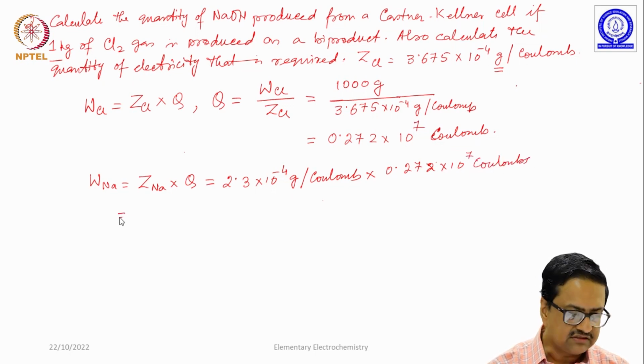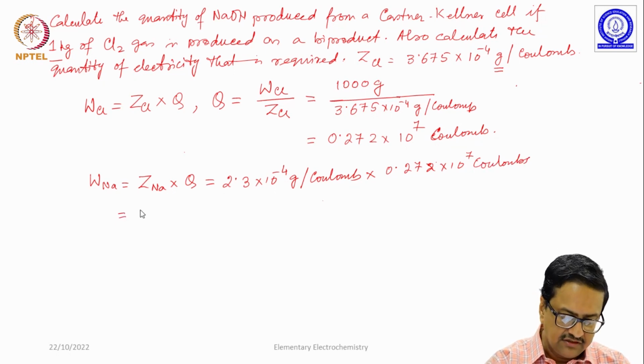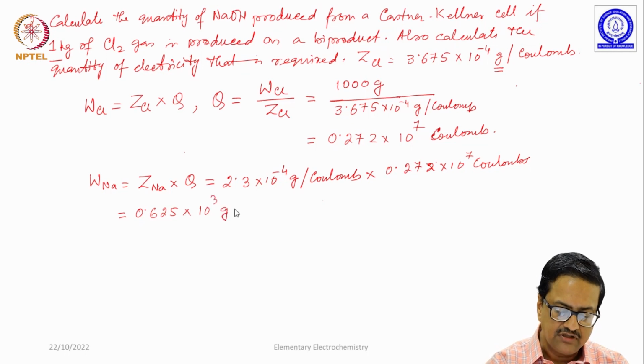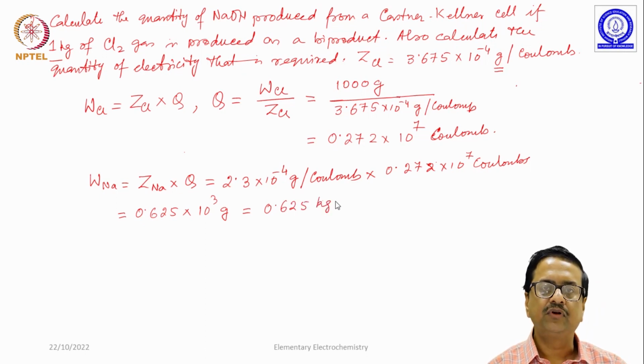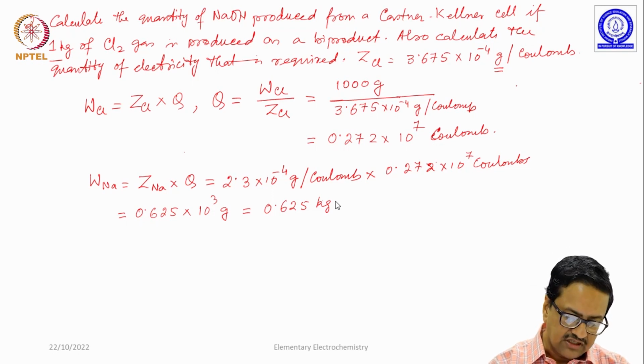When you do this multiplication, you get 0.625 into 10 cube gram, which essentially means 0.625 kilograms of sodium will be produced when 1 kg of chlorine gas is produced at the anode chamber. Remember that there are two anode chambers, so this is the overall amount of chlorine gas produced at the two chambers.